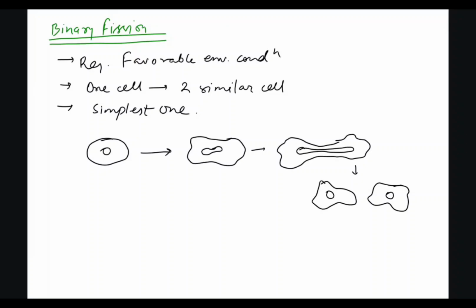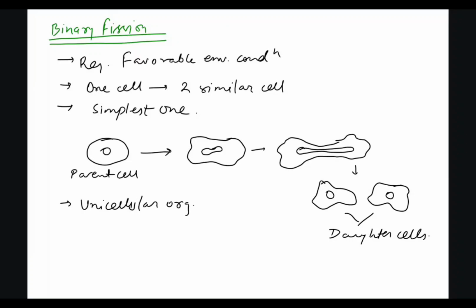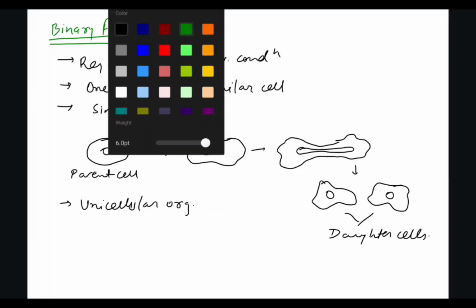Now this is your parent cell, and these are called daughter cells. Now these things occur in unicellular organisms.